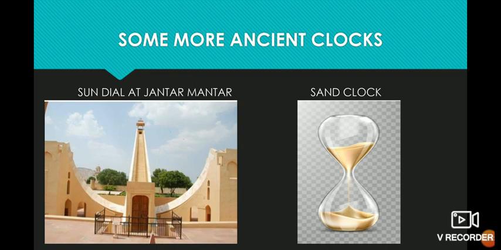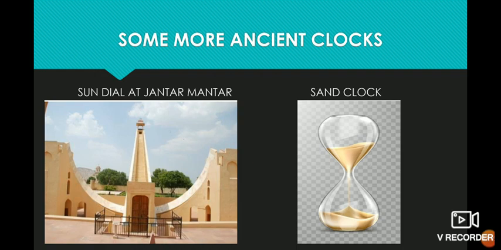So you can see one big arch, and right in the center you have a tower. This is a huge sundial, and the center tower's shadow falls on either side of this arc. On this arc are markings of the time of the day.